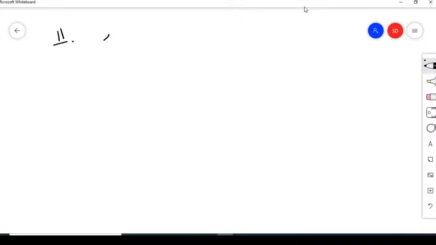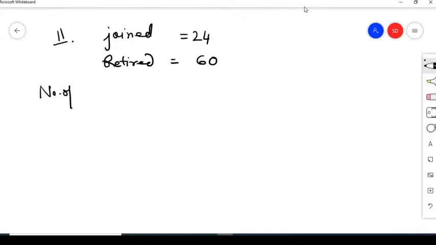So he joined at the age of 24 and retired at the age of 60. So how many years of service? Number of years of service is equal to 60 minus 24.